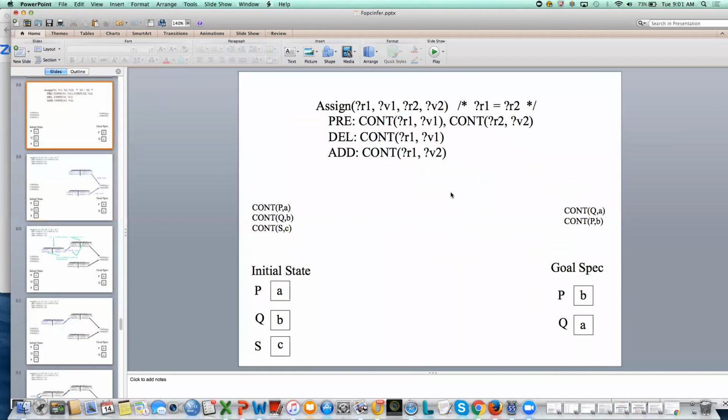A lot of planners would fail on a situation like this because of an imperfect memory. If this is the initial state and you want to swap the contents of A and B, or of registers P and Q, a lot of planners would be too opportunistic.